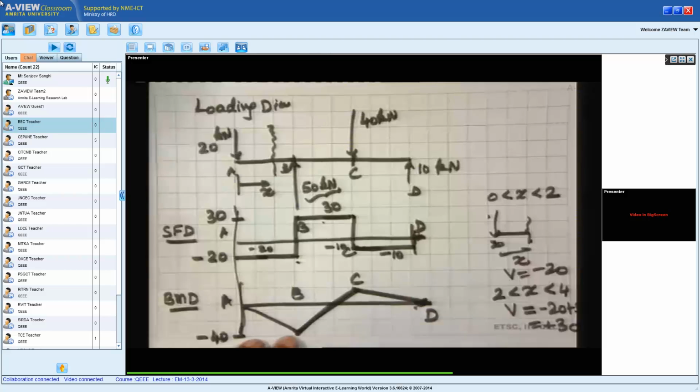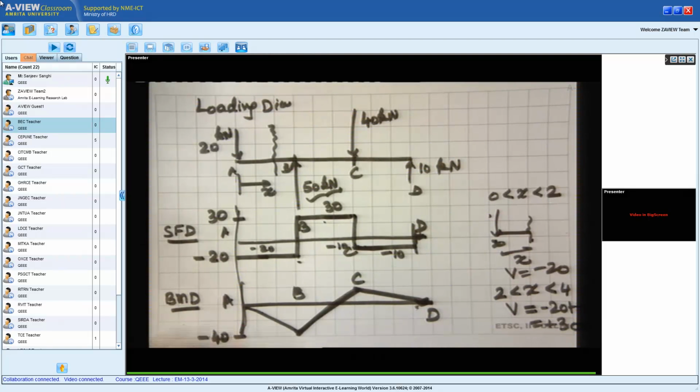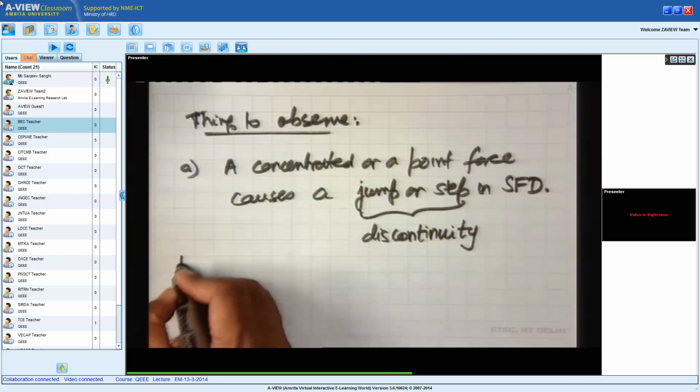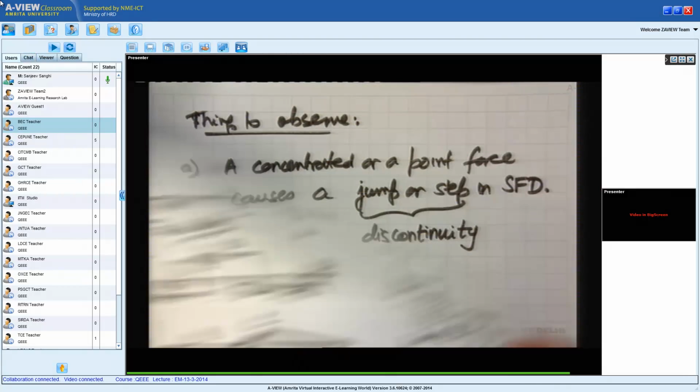And we notice in the bending moment diagram, because of the point force, there is no jump. The slope changes, but the discontinuity is not there in the bending moment diagram as it is there in the shear force diagram. So, when do we get a discontinuity in the bending moment diagram?